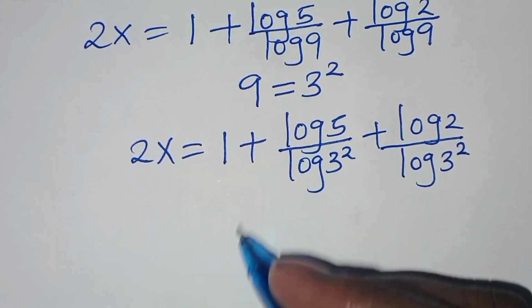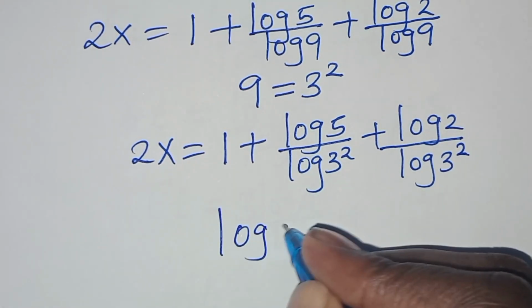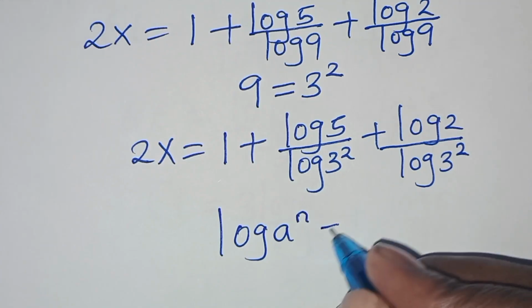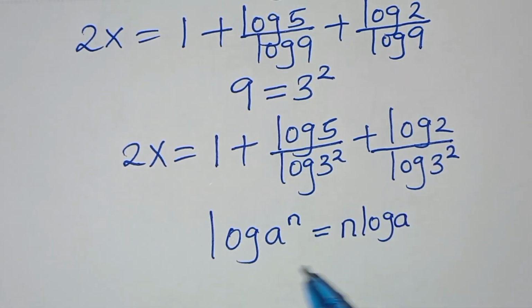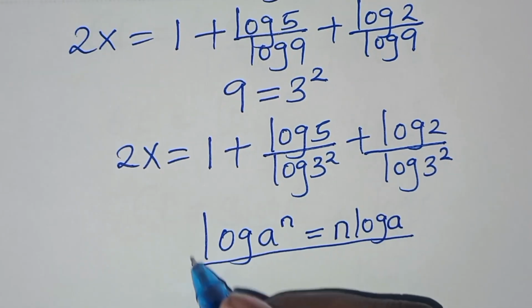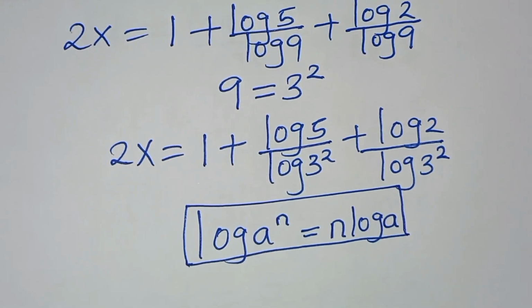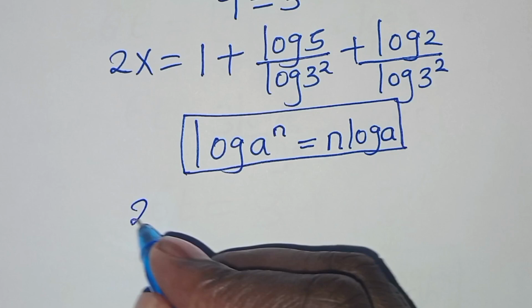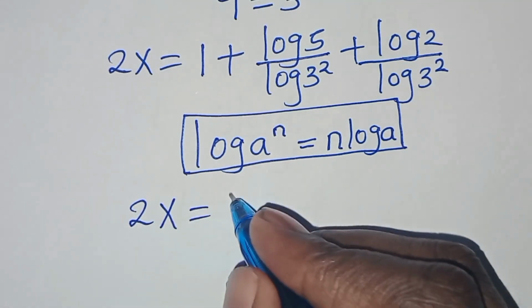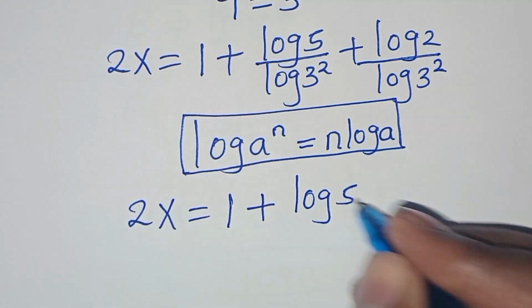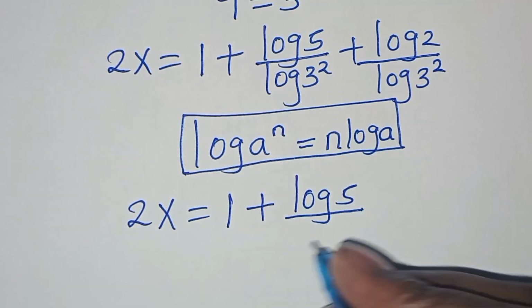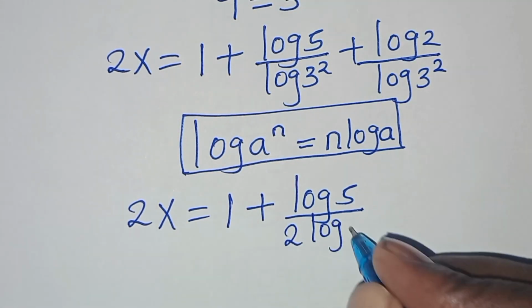So log 3 to the power 2, since this is in the form of log a to the power n, which we can express as n log a. So this is the power rule property of logarithm. So that now here we have 2x is equal to 1 plus log 5 divided by log 3 to the power 2. This is 2 log 3.